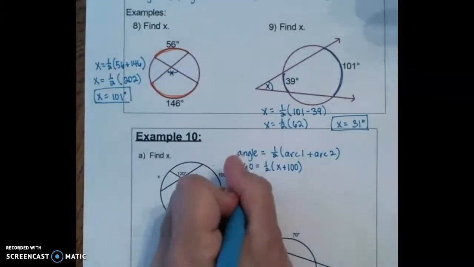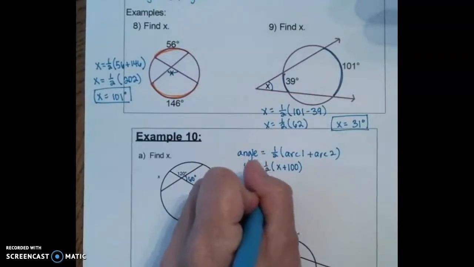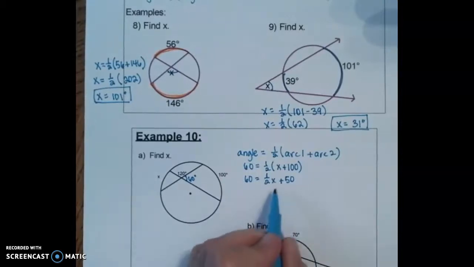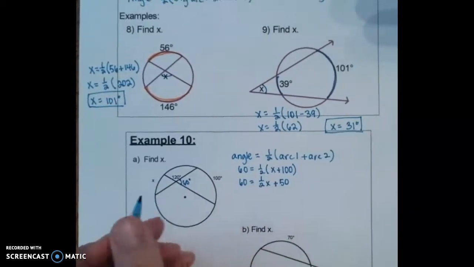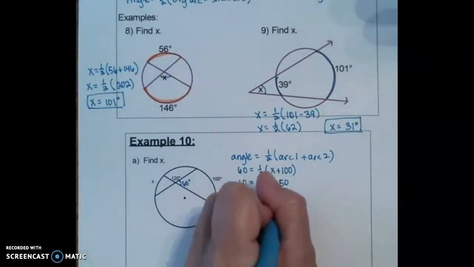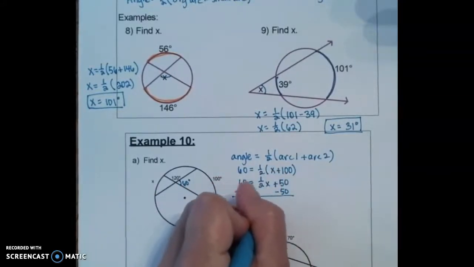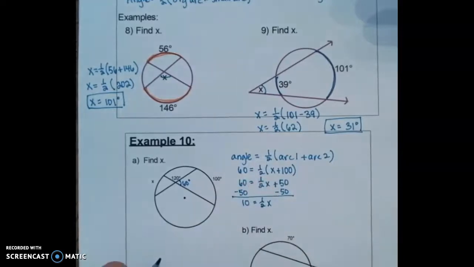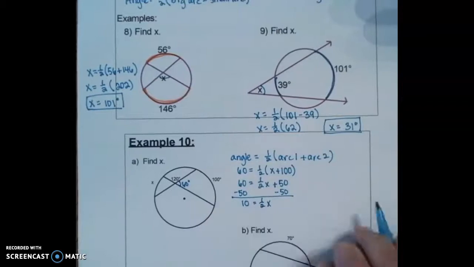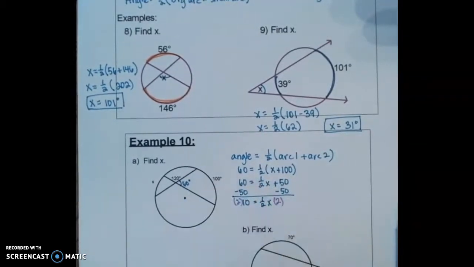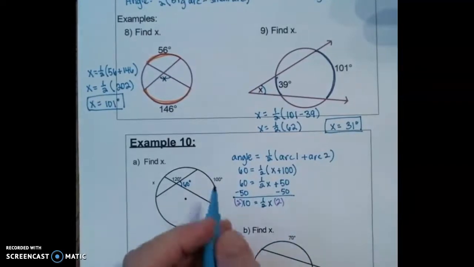So I'm going to distribute. Half of 100 is 50. So I'm going to subtract 50. So we're going to get 10 equals 1/2 x. And then to get rid of that fraction, we would multiply both sides by 2, the reciprocal.